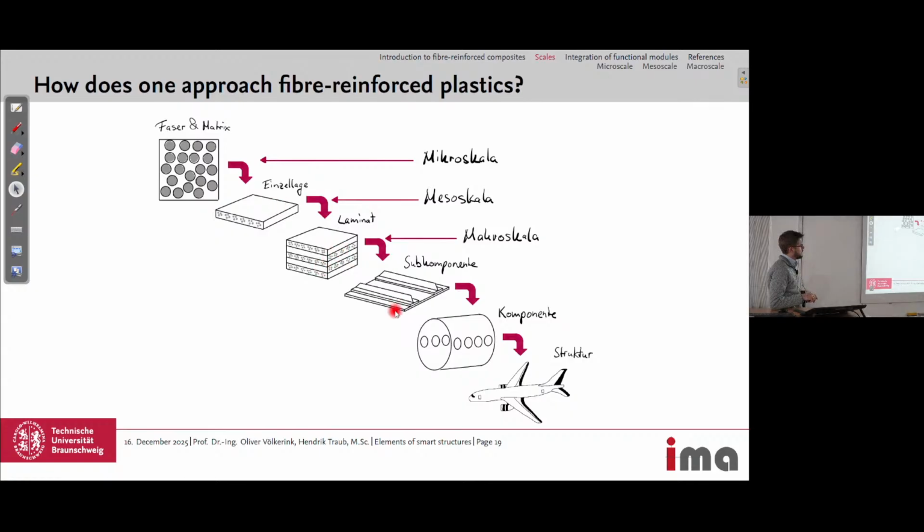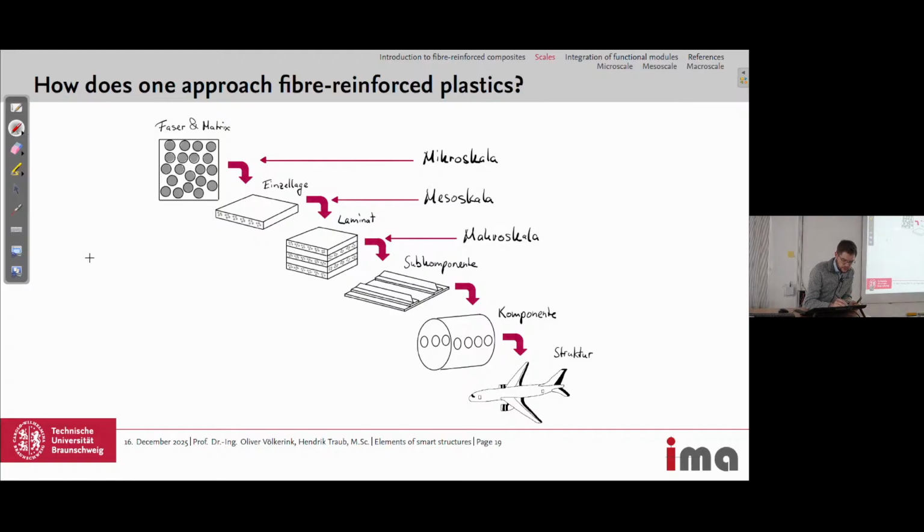These laminates we use for subcomponents and then have components like this fuselage barrel and then maybe the overall structure. I took these slides from my finite element course where we teach finite element for fiber reinforced composites, and there we start with the microscale, have models for this, then on this level, and then later on the macro scale.